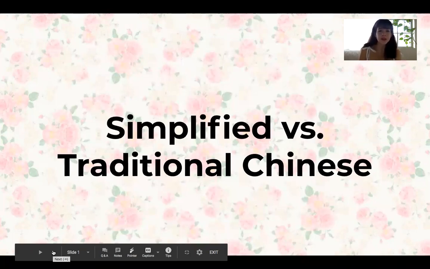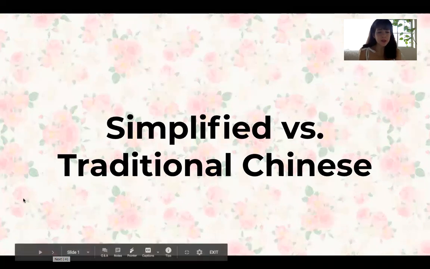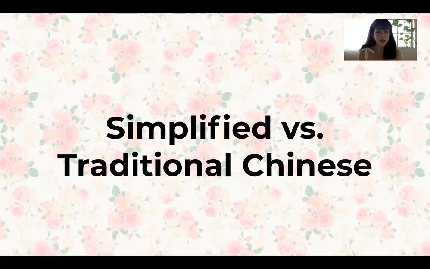So my presentation is going to be on simplified versus traditional Chinese. The Chinese writing system is one of the oldest writing systems in the world. I think it was 1400 BC.